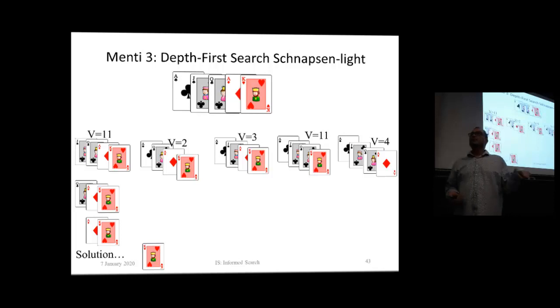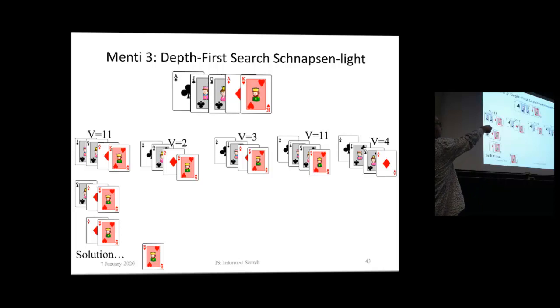But now the idea of the depth first search for our Schnapsen game would be that you just explore the cards from the left to the right. You would play them all, and then you would try another one on the way back.